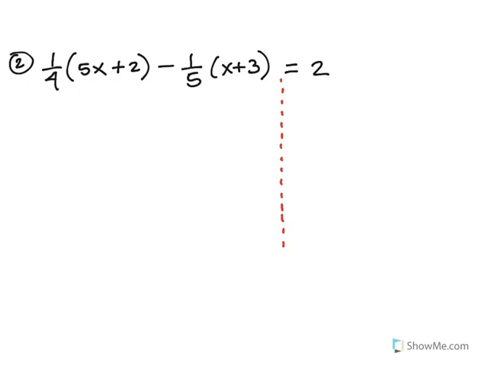So I would clear out the fractions. It's easier to work with without the fractions. So you look at your denominators, 4 and 5, and the least common denominator, which will be the number that they both go into, would be 20. So I would multiply each term by 20, okay?